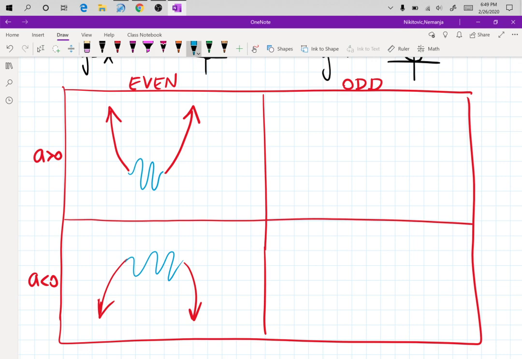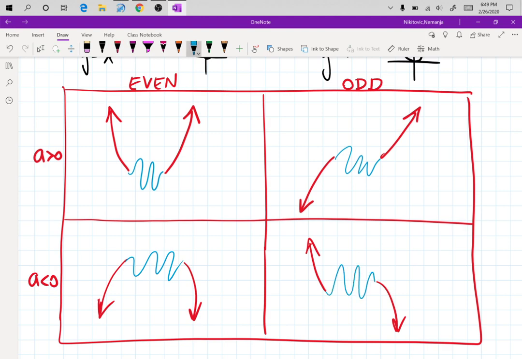Then we have odd. For odd, we know that one end has to look up, one end has to look down. So it's going to look like this, with something in between. And finally, if you flip that, it's going to look up, it's going to look down, and do this.